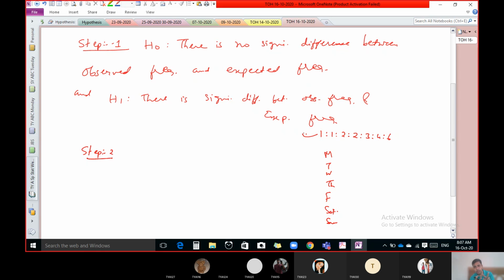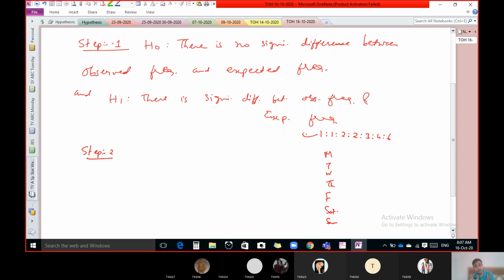Means on Monday and Tuesday, whatever the number of customers are there, we found double of that on Wednesday and Thursday, and 3 times of that on Friday, 4 times of that on Saturday, and 6 times of that on Sunday. That means if there are 10 customers arrive on Monday, then we expect 60 customers on Sunday. That is the claim of the manager.